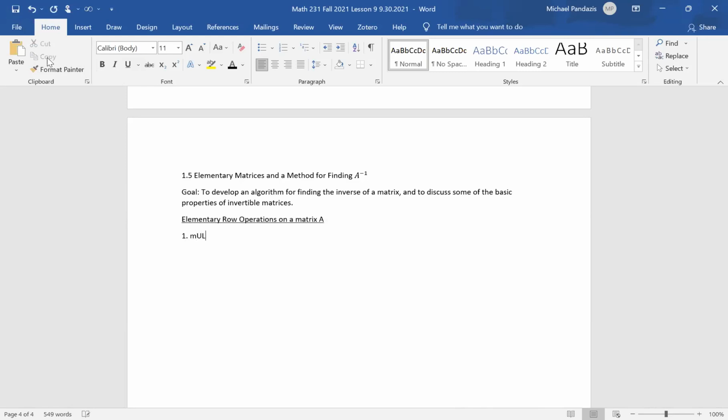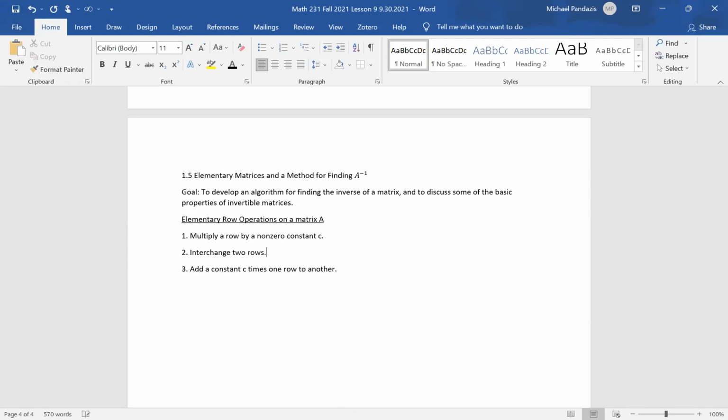The first one is multiply a row by a non-zero constant C. That's an elementary row operation, multiplying any single row by a non-zero constant C. The second elementary row operation is interchanging two rows of matrix A. That's also an elementary row operation. And the third one is, this is the hardest one, add a constant C times one row to another.